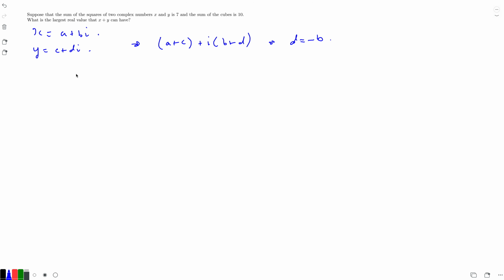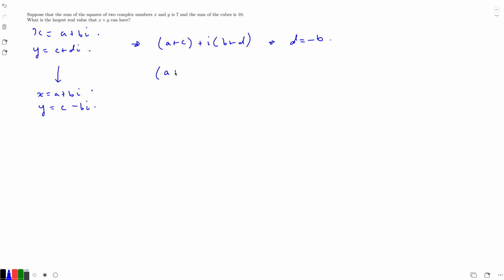So we can transform this a tiny bit to x equal to a plus bi, and y equal to c minus bi, which is something a little bit better. Now let's implement some more conditions. We're given that the sum of the squares of the complex numbers is 7, right? So let's write that.